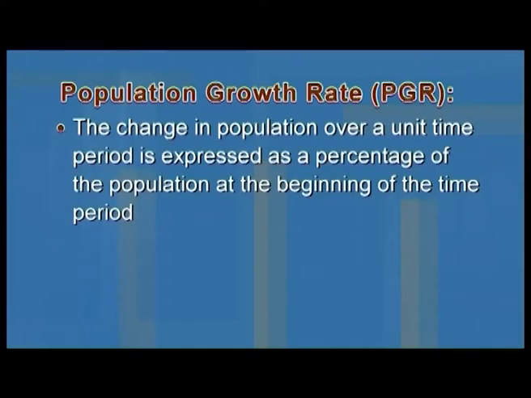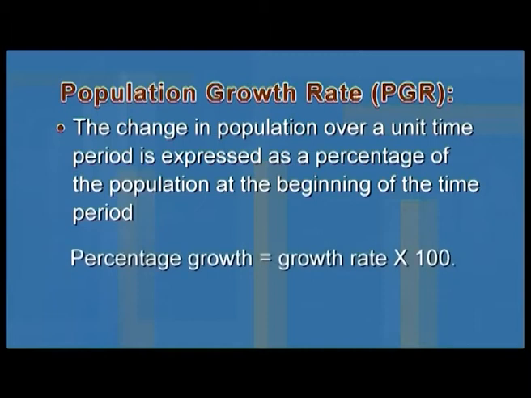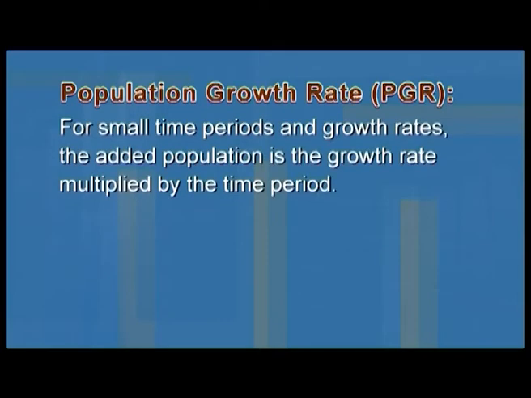The change in population over a unit time period is expressed as a percentage of the population at the beginning of the time period. That is, percentage growth is equal to growth rate times 100. For small time periods and growth rates, the added population is the growth rate multiplied by the time period.